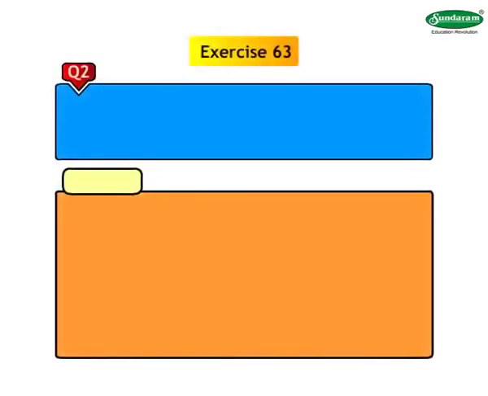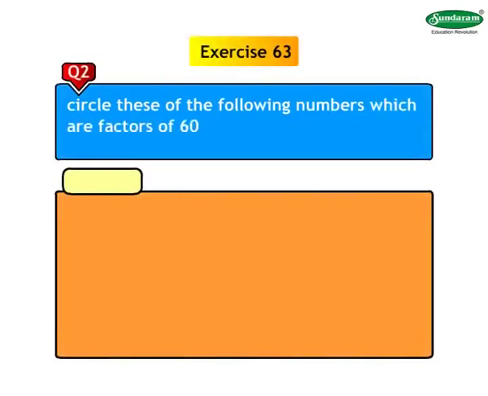Question 2. Circle those of the following numbers which are factors of 60. 8, 4, 5, 11, 12, 15, 10, 14. Solution. Divide 60 by 8.